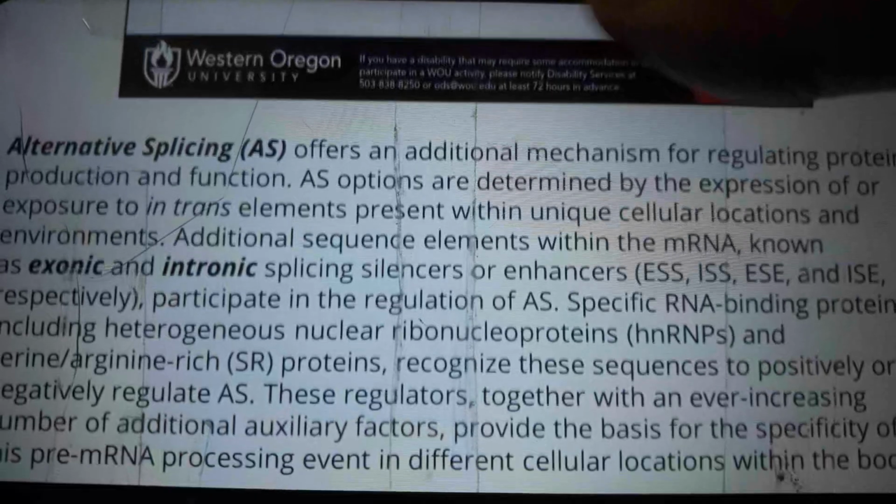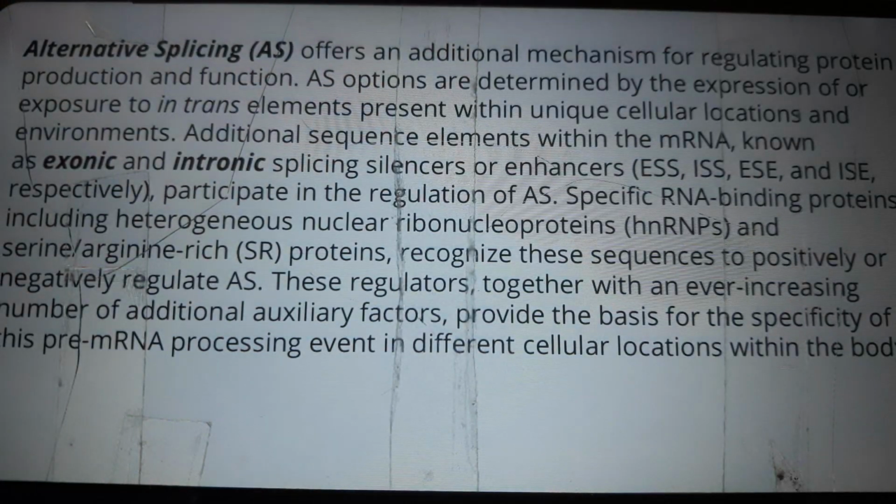Alternative splicing. Alternative splicing offers an additional mechanism for regulating protein production and function. Options are determined by the expression of, or exposure to, intron elements present within unique cellular locations and environments.